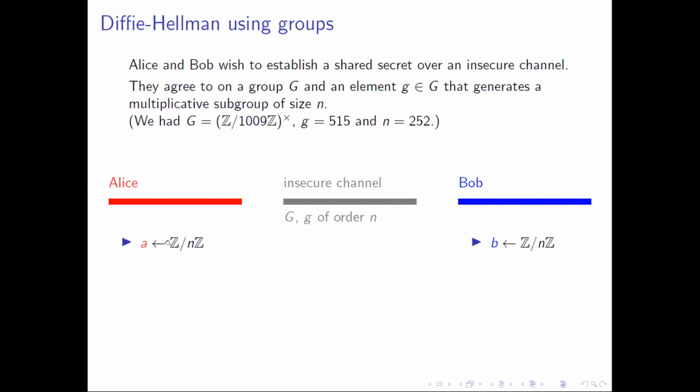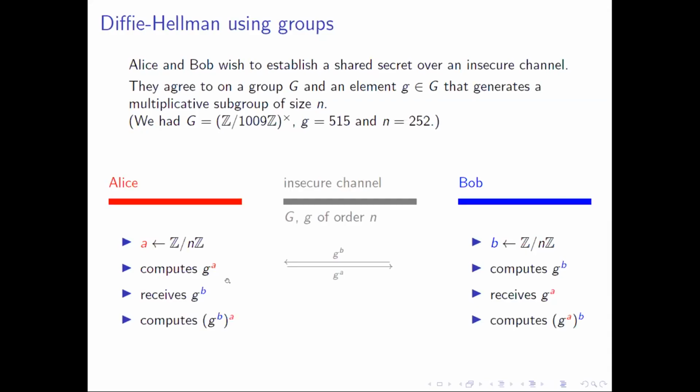Alice chooses some multiple a, Bob chooses some multiple b. Alice computes the multiple of the generator, g^a. This is multiplicative notation. She sends it to Bob. Bob sends his g^b to Alice. Then Alice can compute the appropriate multiple of the answer that she received from Bob, and Bob can do the same.